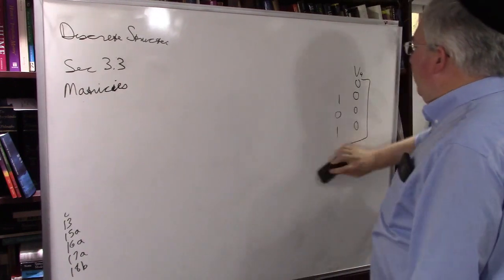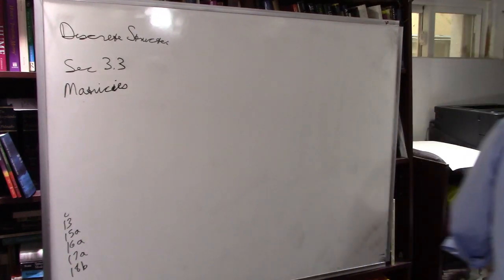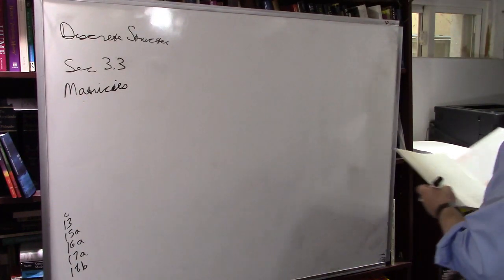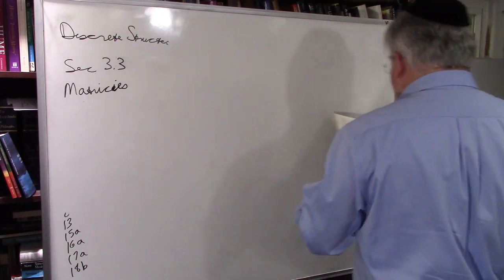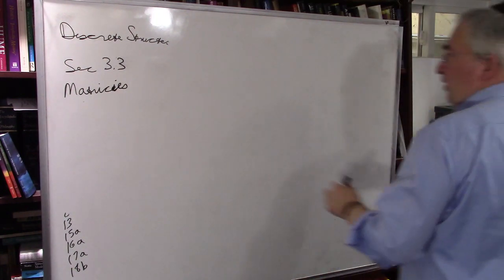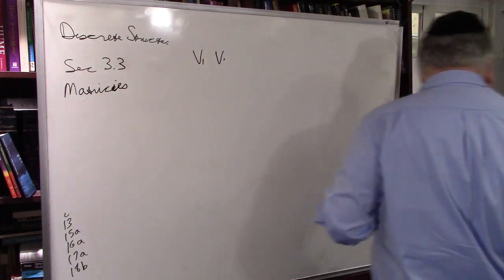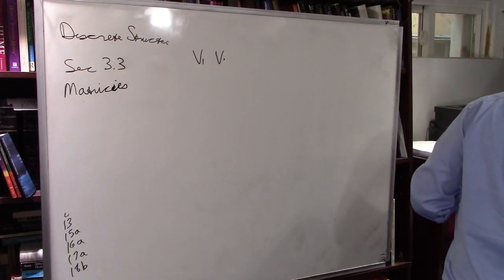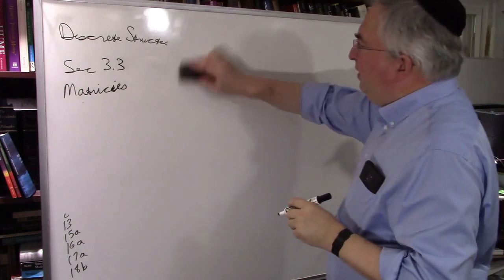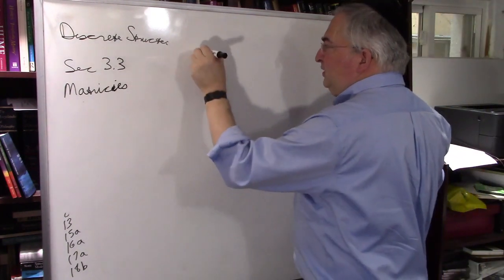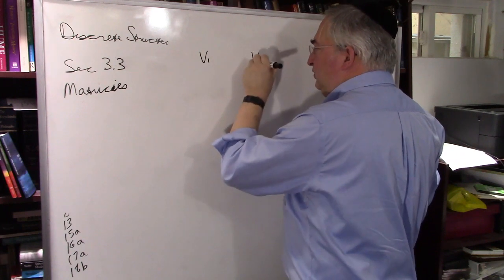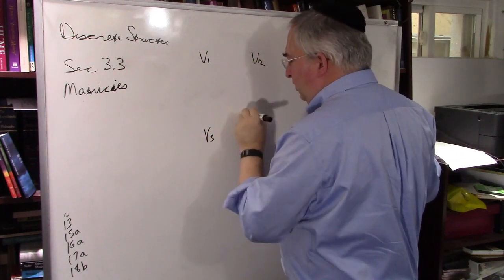So that was a directed graph. Now we're going to do an undirected graph. So again you have V1, V2, V3, V4.